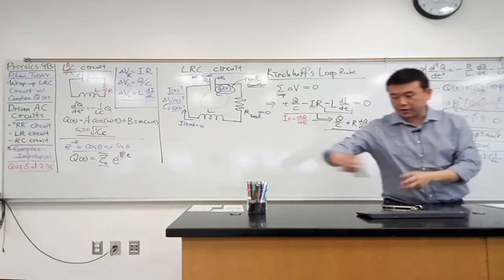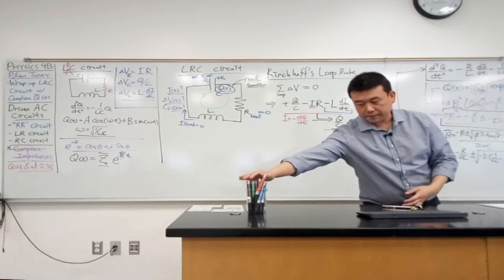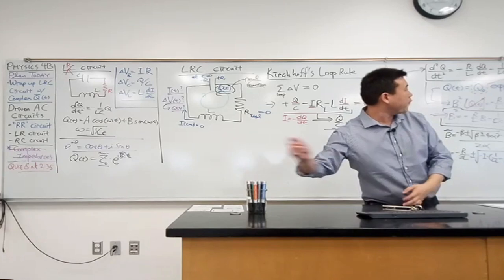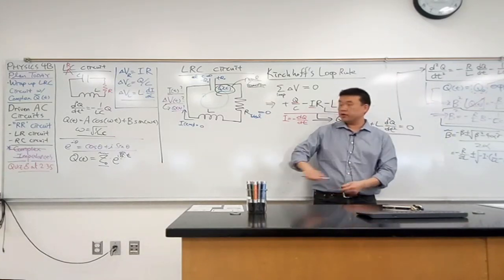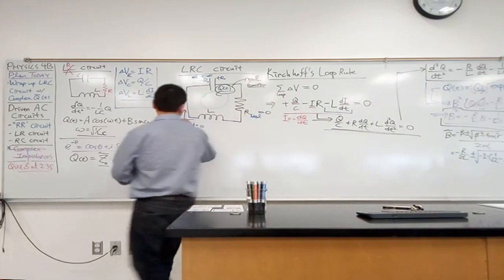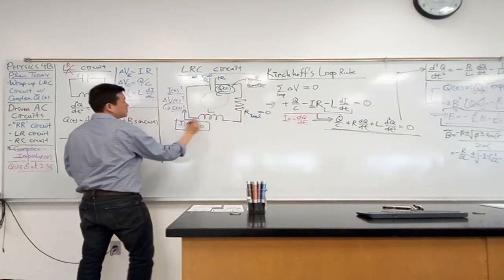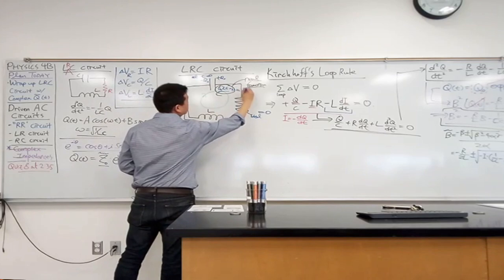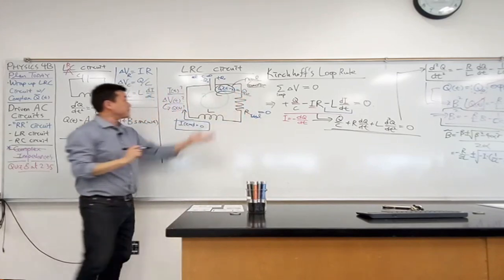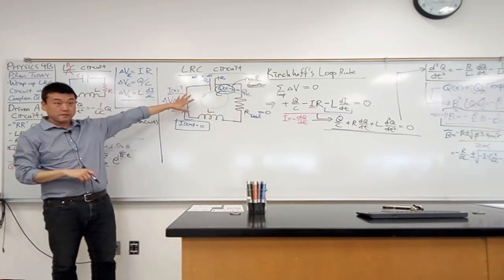So this is the scenario I want you to think about. For this particular setup, I started out with this set of initial conditions. At time equals 0, my current is 0. And at time equals 0, my charge is Q naught.